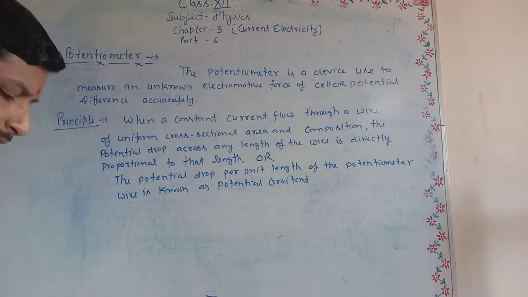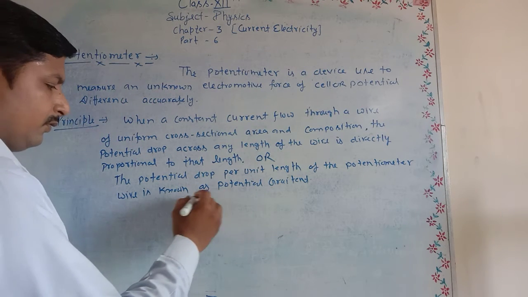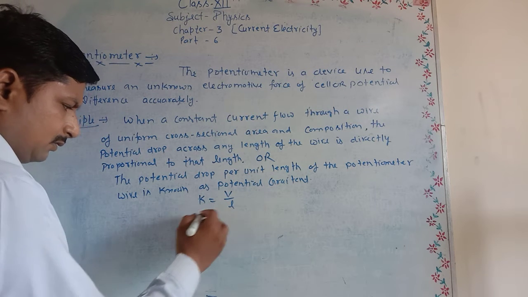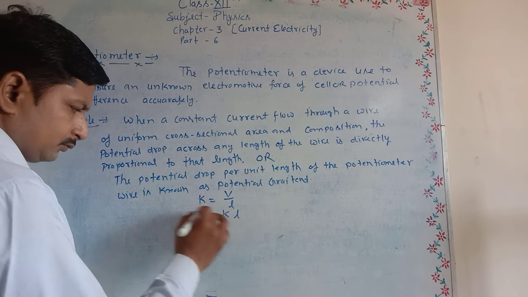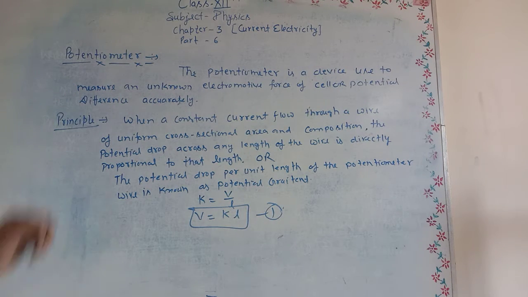Then K is equal to V upon L, or V is equal to KL. This is the principle of the potentiometer.